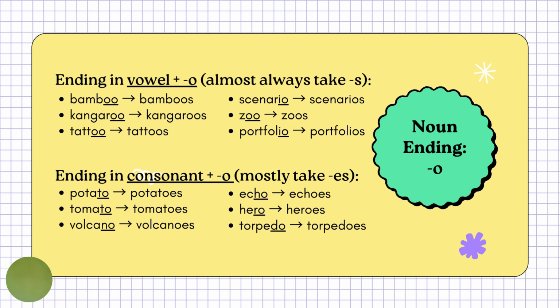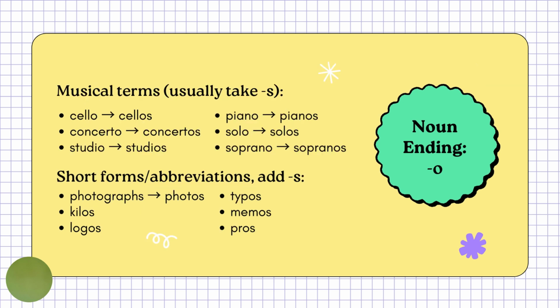Okay. But if the word ends with O and before the O there is a consonant, then mostly nowadays there is ES. Okay, potato, tomato, and tomatoes, potatoes, volcanoes, echoes, etc. Still O, if it's about most musical terms, usually it takes S only.